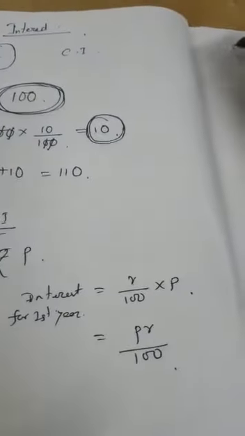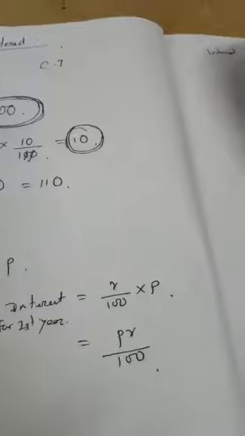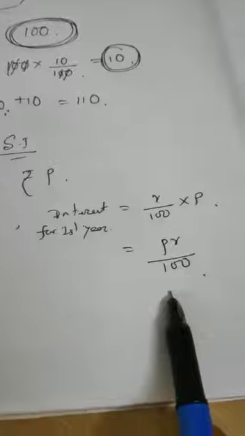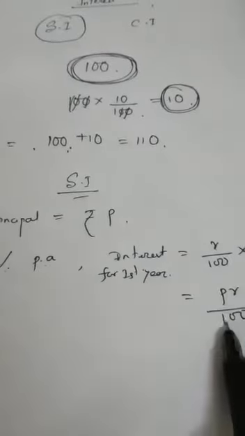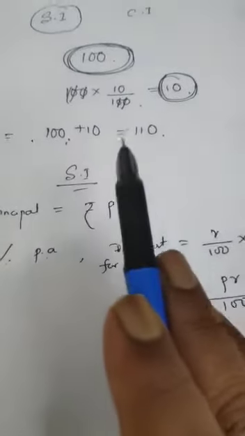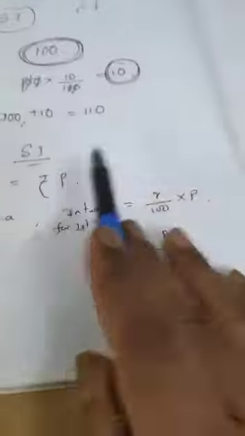Then what is the interest for the second year, or 2 years? If for 1 year it is PR by 100, and we always calculate interest on the principal, then second year also it will be PR by 100. Third year also it will be PR by 100. So, after first year PR by 100, second year again PR by 100. So, how many PR by 100? 2 PR by 100. So, PR2 by 100.